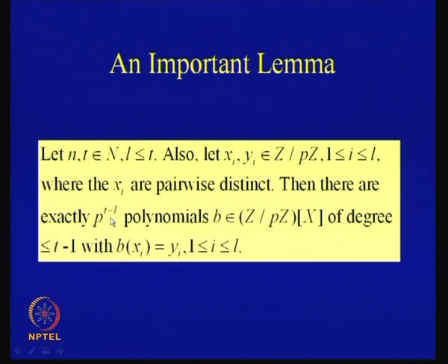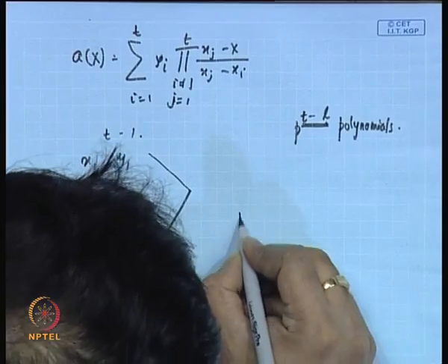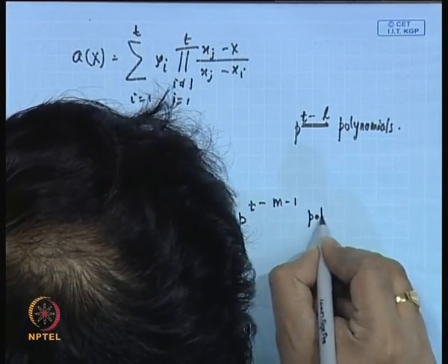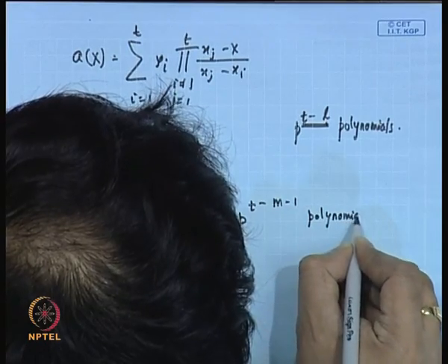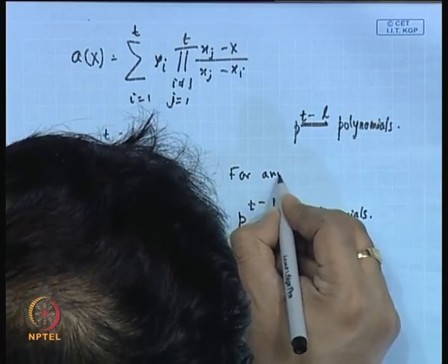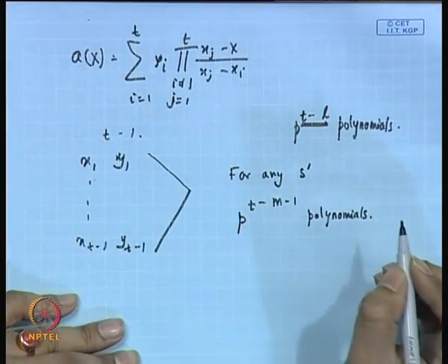So, that is p to the power of t minus m minus 1 such polynomials. Therefore, there are exactly p to the power of t minus m minus 1 such polynomials possible, and that is for any secret s dash which you are choosing.